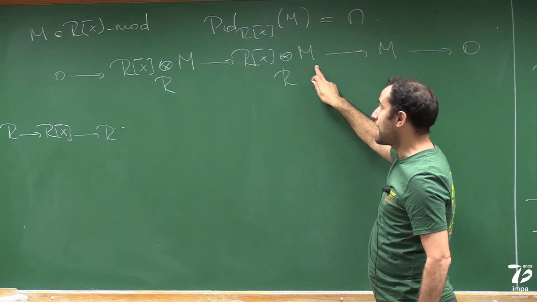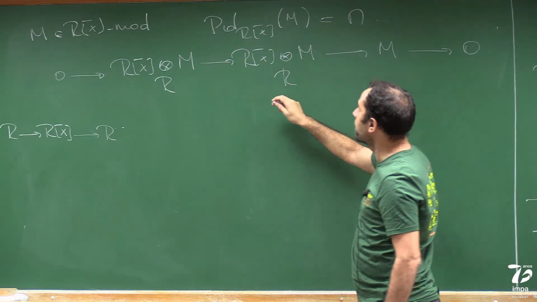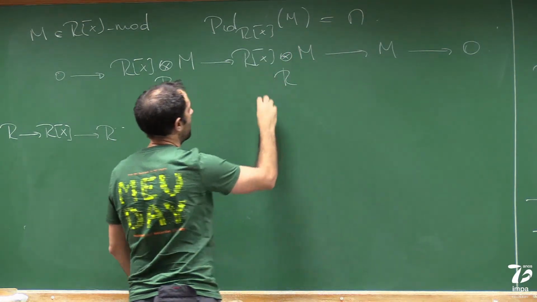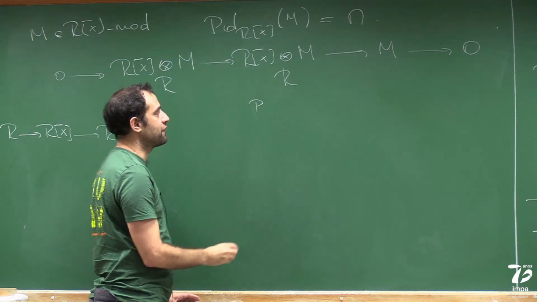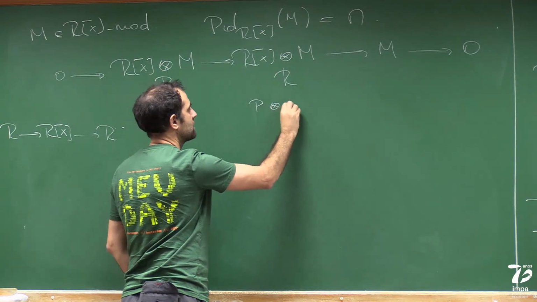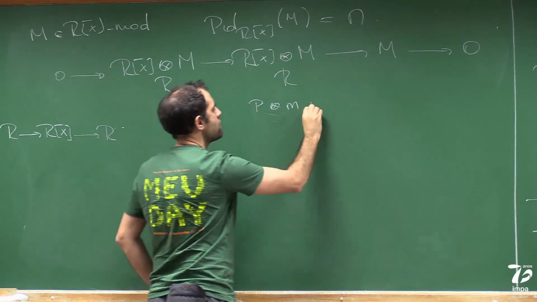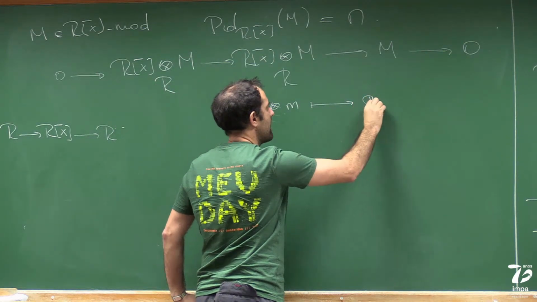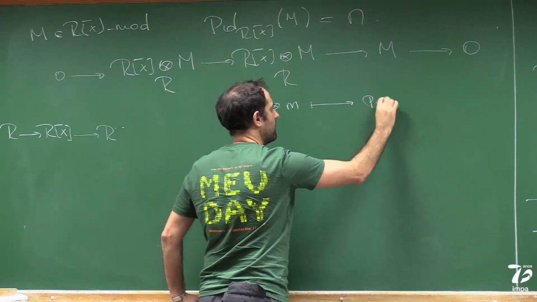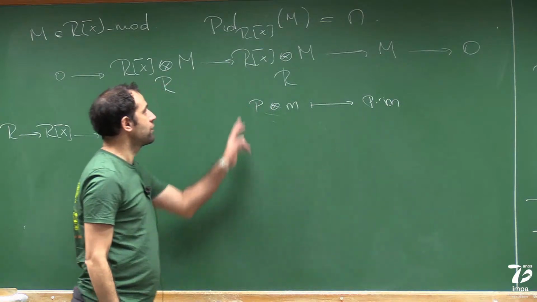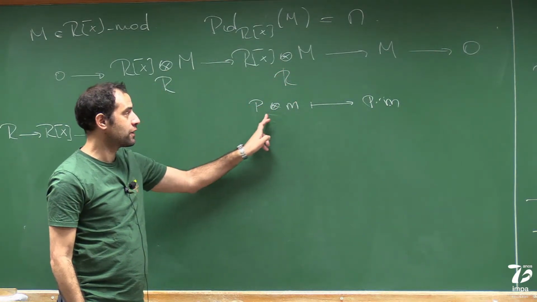So M here is an R[X] module. That's how I started. So if you give me some polynomial p with coefficients in R and some element in my M, then you map this to p acting on m. So this is the action of this ring on M. M was a module over that ring.